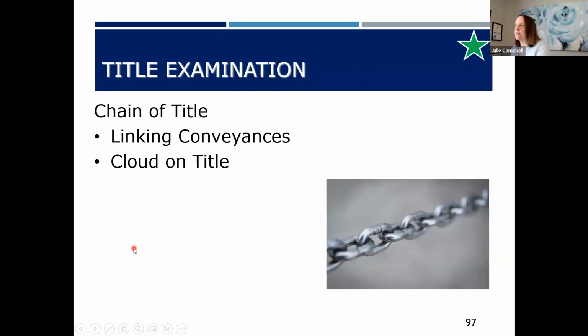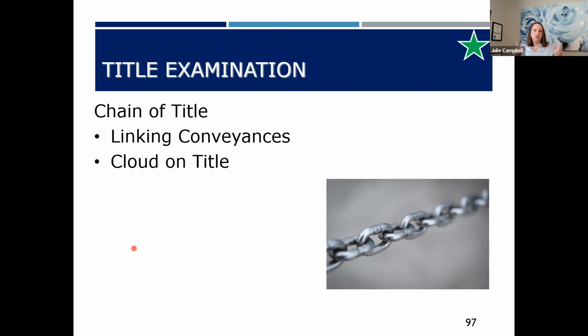And another thing that they're looking for, besides liens and easements and encumbrances and all this other good stuff, one big thing they're looking for is chain of title. They want to make sure that the conveyances from one owner to the next link.